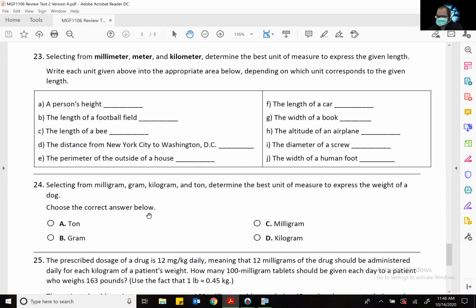The diameter of a screw. And the width of a human foot.